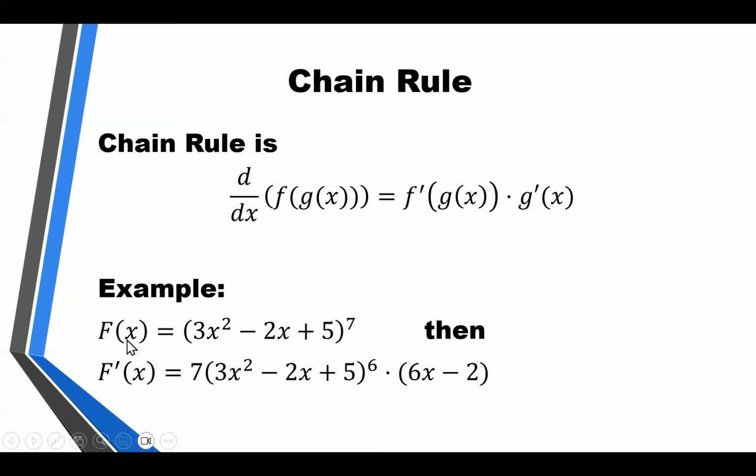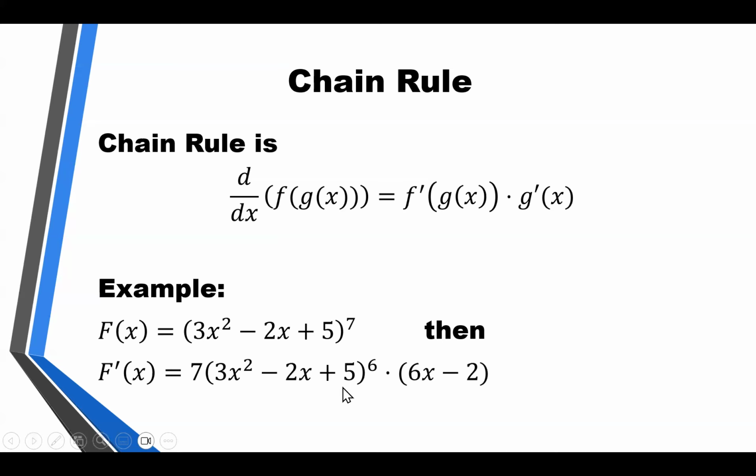So let's do an example. If I have capital F of x equals this polynomial raised to the 7th power, then when I take a derivative, the derivative of the outside function, which is the operation of raising to the 7th power, means the 7 is going to come out front, and our power is going to reduce to a 6.